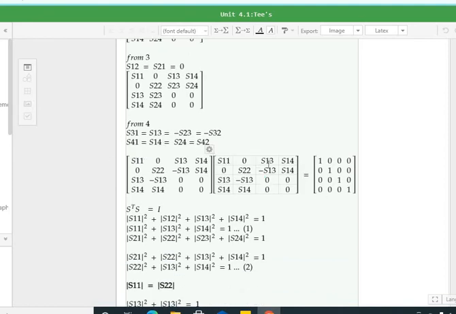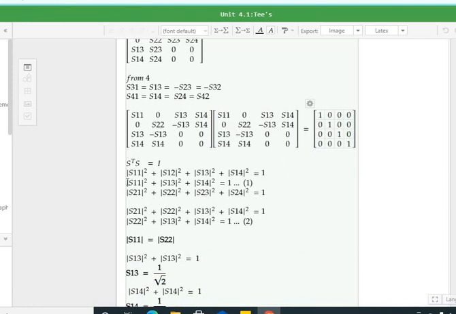To calculate these values, we'll write the following equations. The product of the first row into the first column equals 1. Product of the second row into the second column equals 1. Product of the third row into the third column equals 1. And the product of the fourth row into the fourth column equals 1.